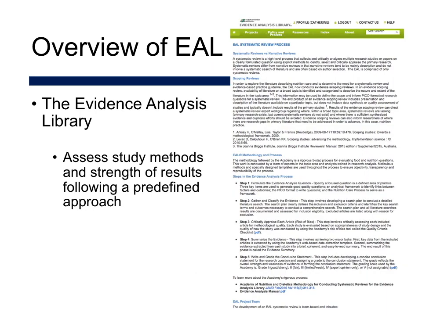The systematic reviews in the EAL assess study methods and strength of results following a predefined approach. So they're reviewing systematic reviews, and then they're applying a specific method and approach to critiquing them and then giving them a grade.